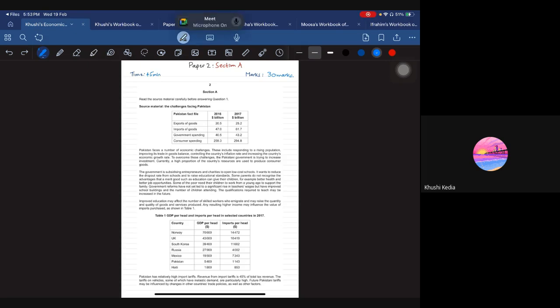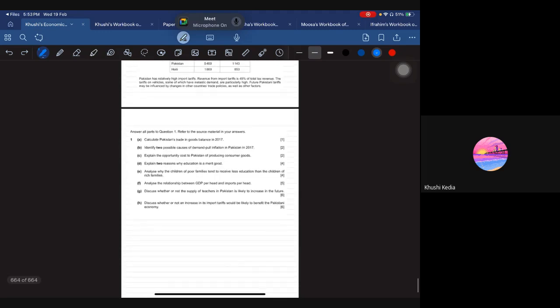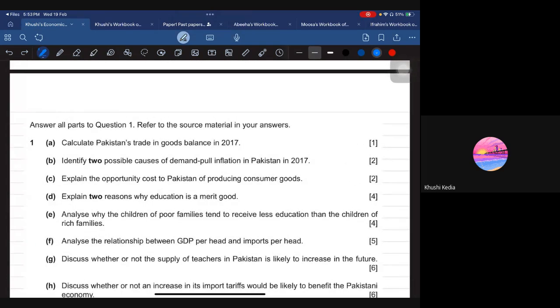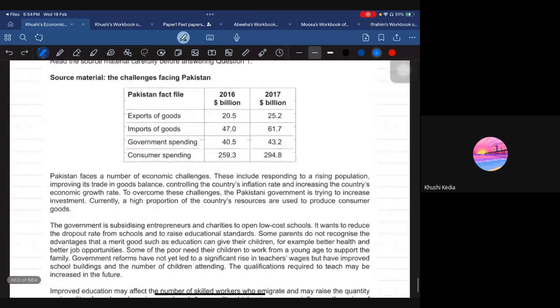Okay, so the first question, Khushi, is calculate Pakistan's trade in goods balance in 2017. Okay, calculate it.